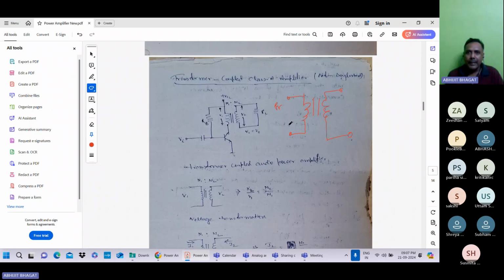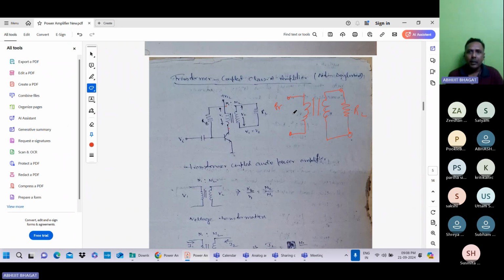So your primary side is connected at this terminal. Clear? And whatever the load in series fed, that load is connected at this terminal. This is a very small change if you compare these two circuits.